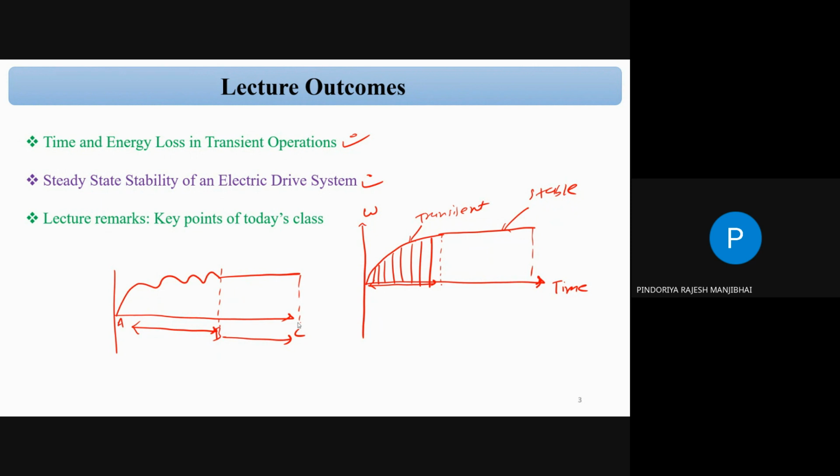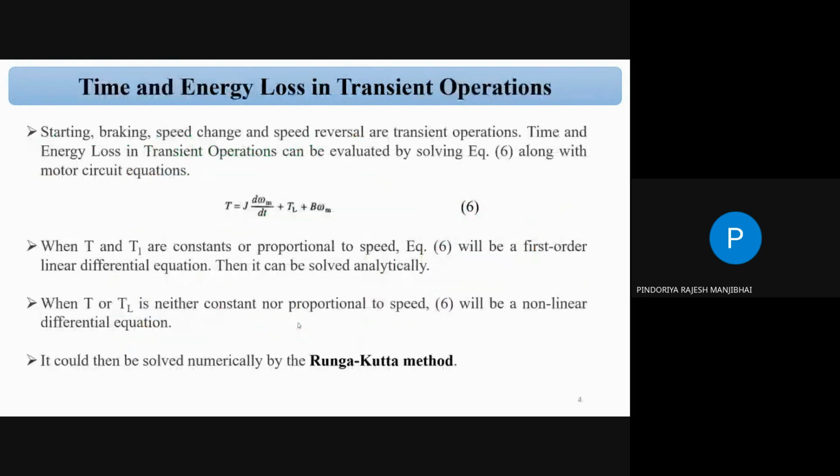But what about the transient operation, or the dynamic operation? We have to calculate the time and energy losses in transient operation. Once we understand the transient operation, finally we have to check the steady state stability of the electric drives. Done. So let's see how we can calculate the energy losses in the transient operation.